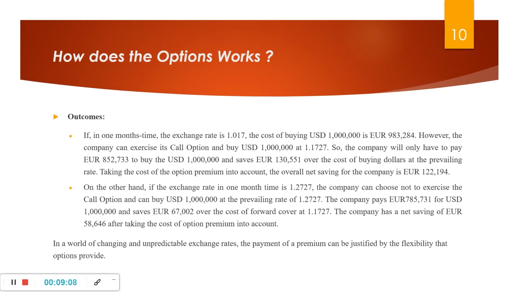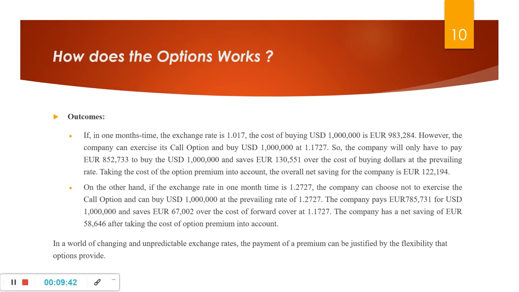So the company will only have to pay euro 852,733 to buy USD 1 million and save euro 130,551 over the cost of buying dollars at the prevailing rate. Taking the cost of the option premium into account, the overall net saving for the company is euro 122,194.